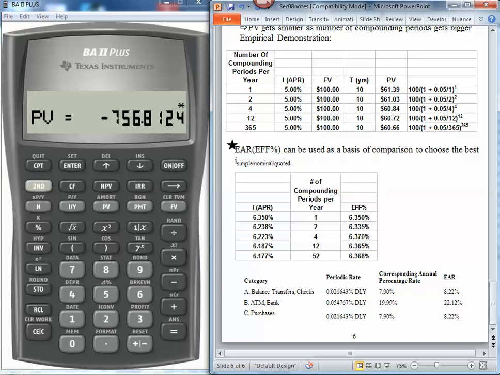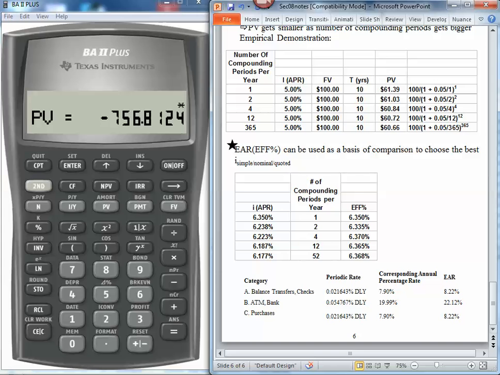I copied these from the bottom of my credit card statement. And you can see that there are different interest rates. They're all daily compounded. So balance transfers and checks, that's when I take a balance from another card, or I do some type of transfer or write a check on my account.